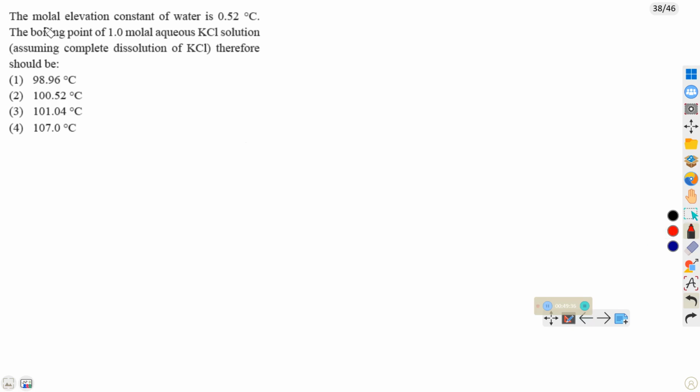The molal elevation constant of water, Kb value, is given 0.52 degrees Celsius. Molality is given 1 molal aqueous KCl solution, assuming complete dissolution of KCl. So here the van't Hoff factor is involved.